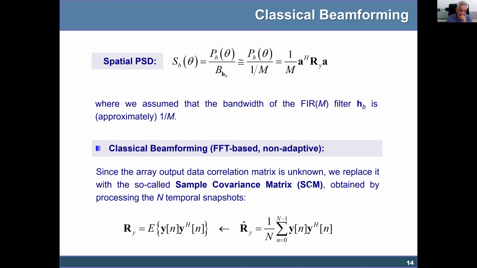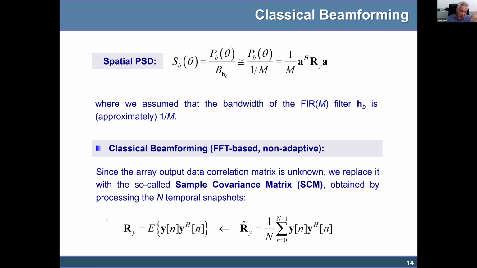Just 1 minute, and then I conclude. Obviously, we don't know Ry, and so what we do clearly is we replace Ry with an estimate. Which estimate? We use typically the sample covariance matrix.